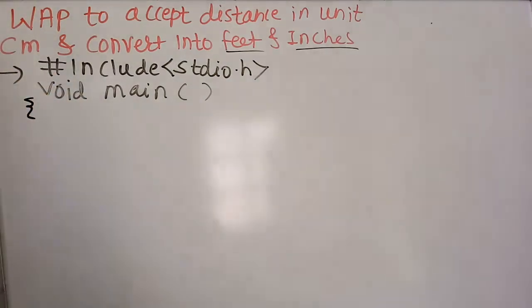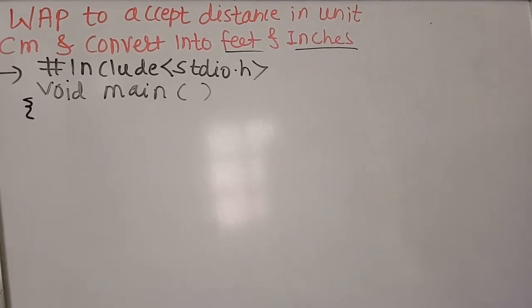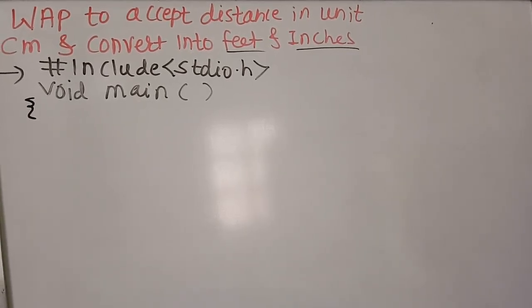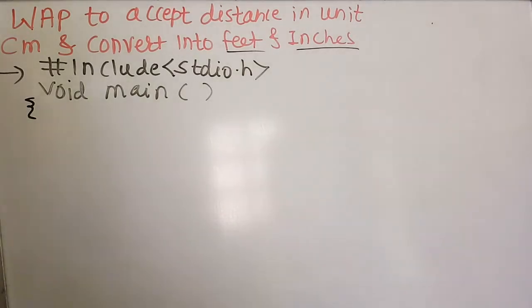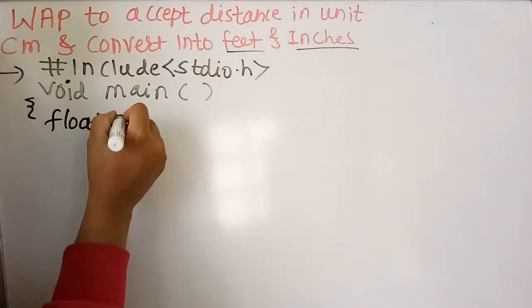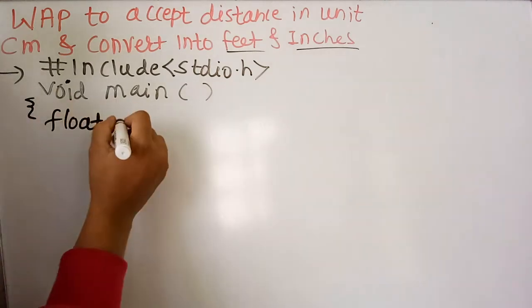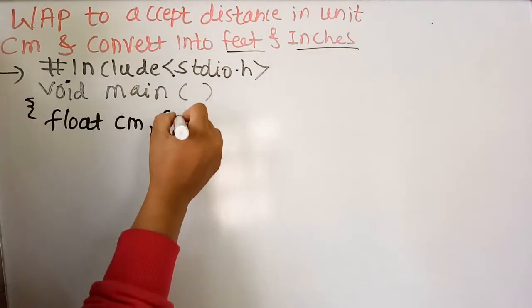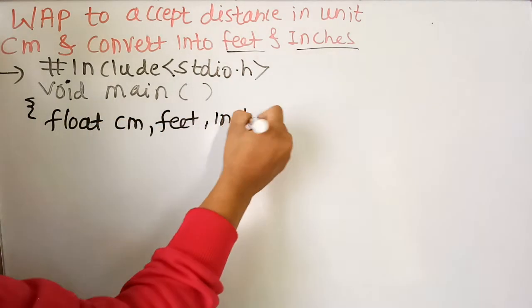Now, it may happen that a distance can be a floating point number. When we declare it as an integer, there is no scope for accepting it further as a floating point. So basically float can accept integer. So we declare these variables as float type: centimeter, then feet and inch.